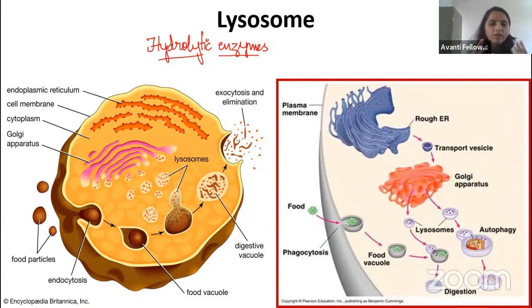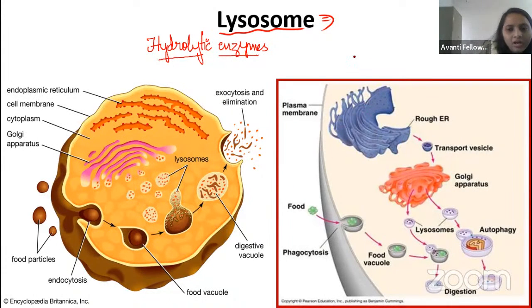If you are talking about the lysosome, the name itself tells you: lysis, right, guys? Lysosomes are single membrane. In the last class, I told you which organelles are single membrane and which are double membrane. The Golgi apparatus is also single membrane.